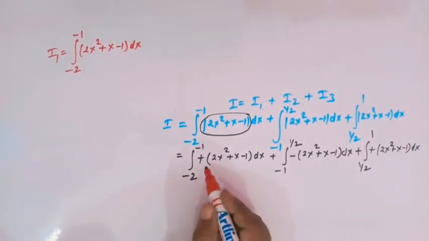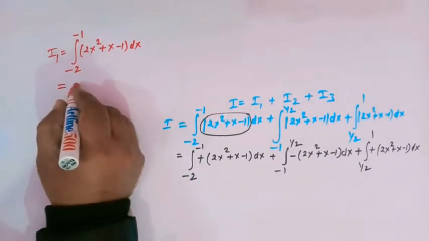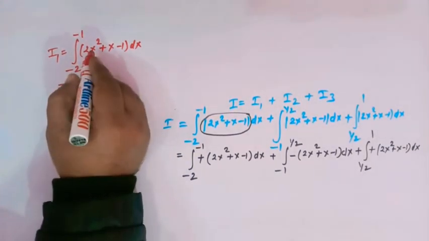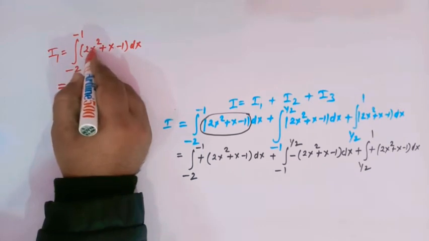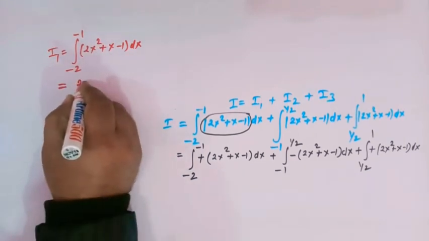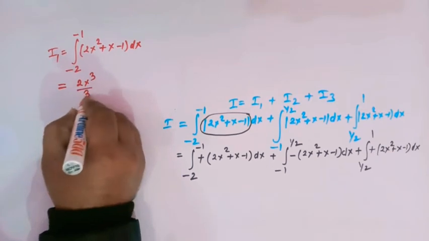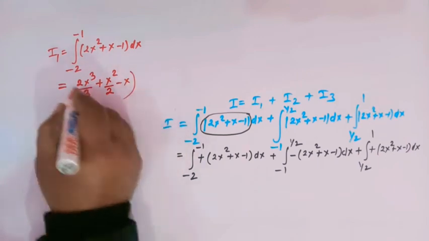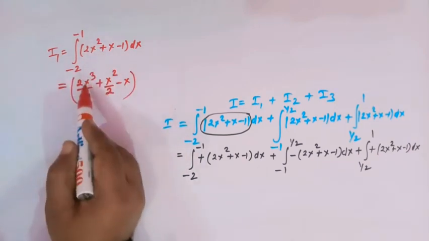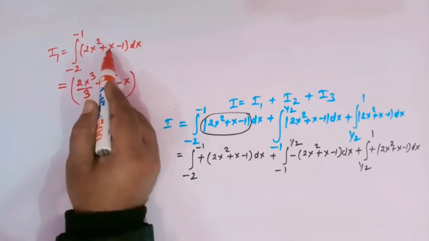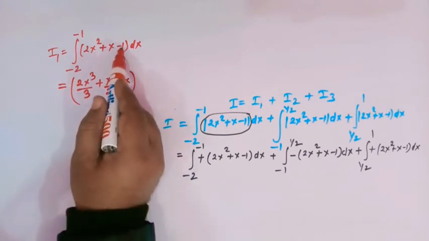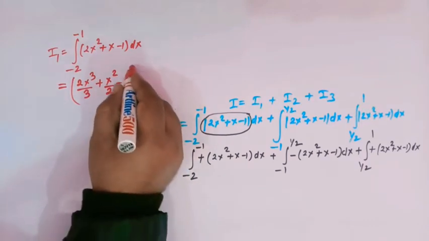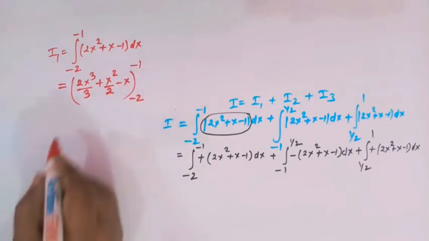So now viewers, I1 can be written as 2x cube over 3 plus x square over 2 minus x, right? The integral of x square is x cube over 3, the integral of x is x square over 2, and the integral of 1 dx is x. So here we have the limits -2 to -1, right?